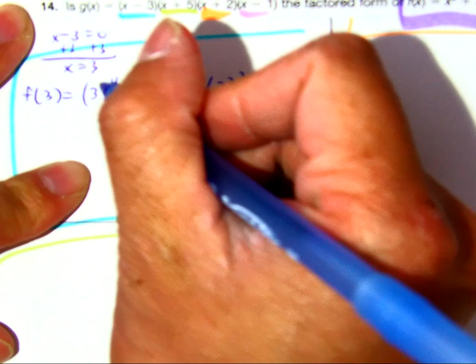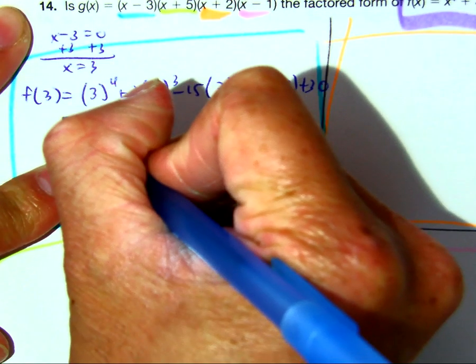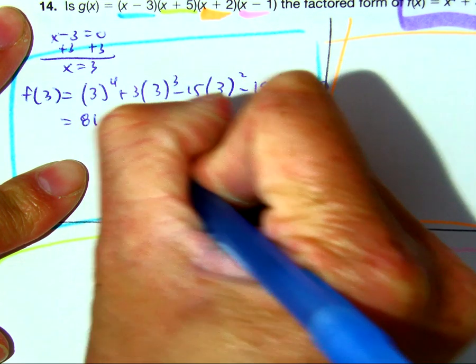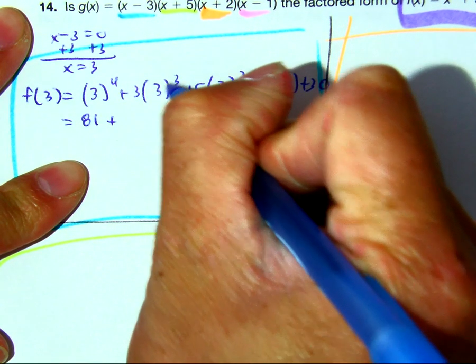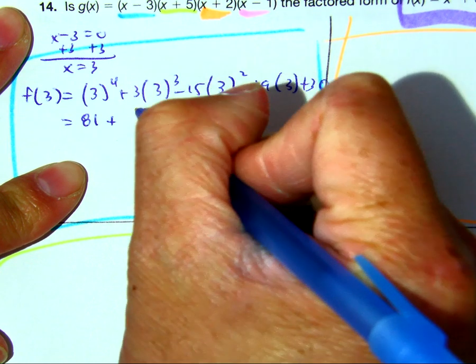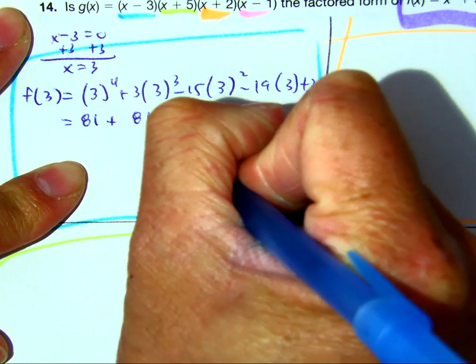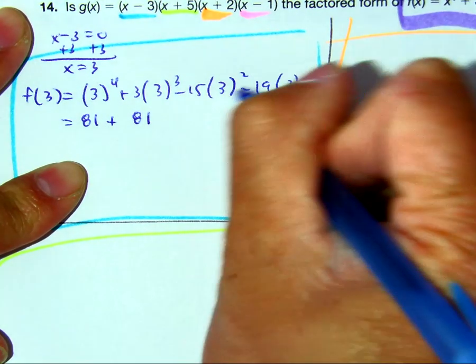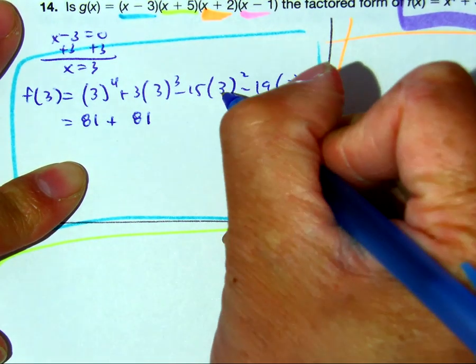And then I get 3 to the 4th power, which is 9 times 9, which is 81. This is 3 times 3 times 3, which is 27, times 3 is 81. Remember, using order of operations, I'm going to do 3 squared, which is 9.